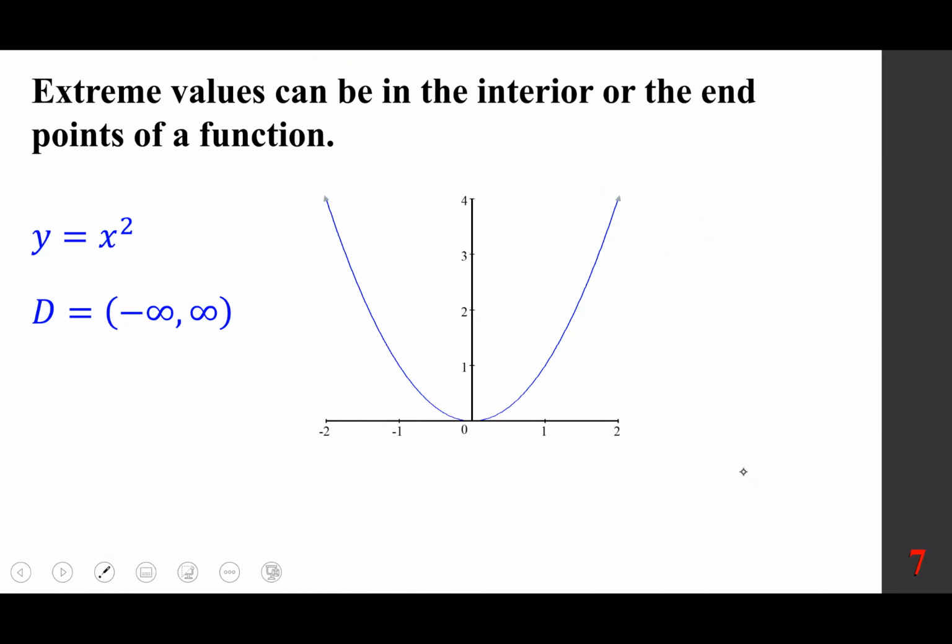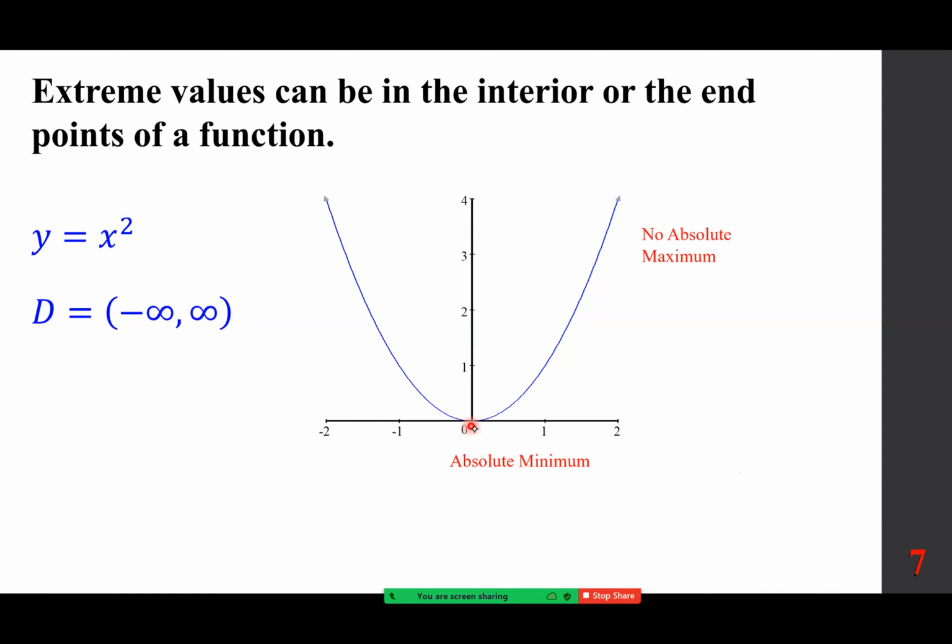Let's look at a very simple example. This is a quadratic function, or a polynomial of degree 2, with the domain being all real numbers. This is the location of a local min as well as an absolute min. We don't have a local max. If we want to be more specific, y is equal to 0 at the point (0, 0), and it is the y coordinate that gives us the absolute min here.